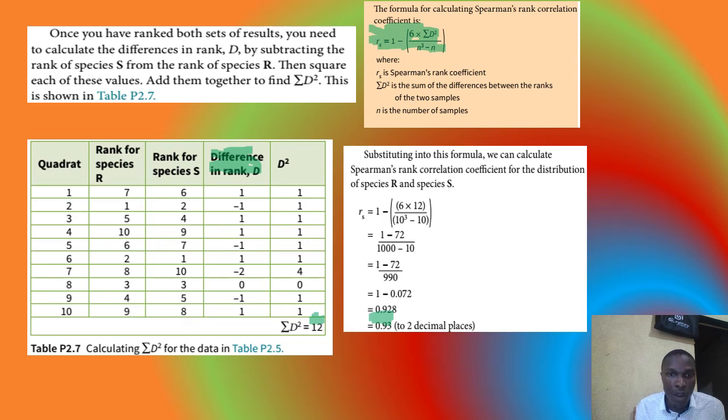So when we square, we're getting only positive values, and then we need to obtain the summation of d squared, and in this case we are getting a value of 12.